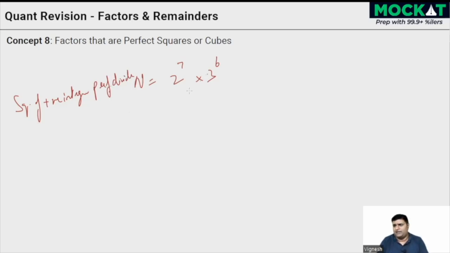If I'm going to perfectly divide this, I'm a factor, right? For a number to perfectly divide this, it's a factor. So how many factors are going to be squares of positive integers?